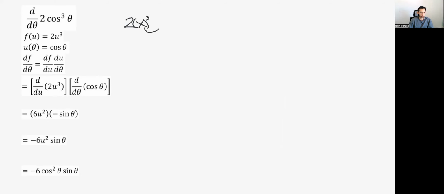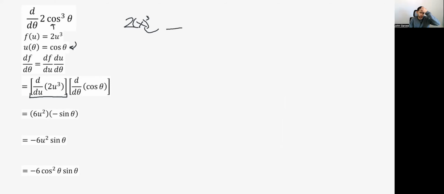So we're going to figure out the derivative of the main part, 2u. And instead for u, we're going to make u stand for this inside. So we're going to rewrite this equation as 2u cubed and make u stand for cosine. And then cosine is going to be that last bit that we take the derivative of. It's like the chain.